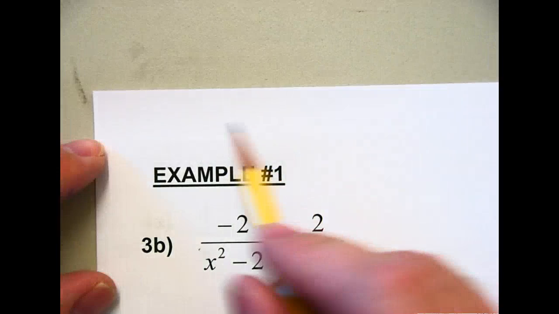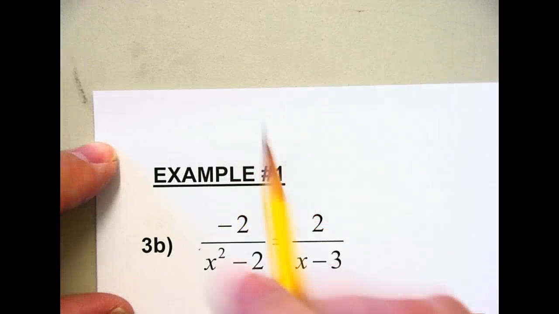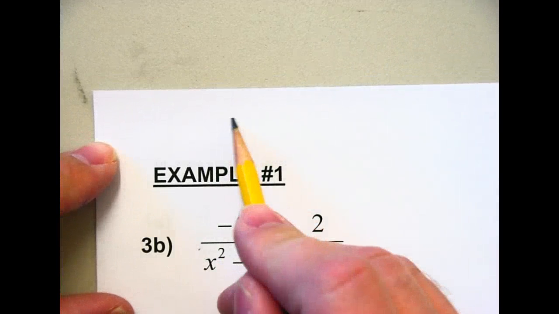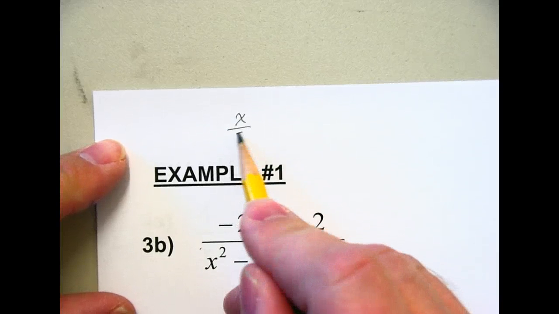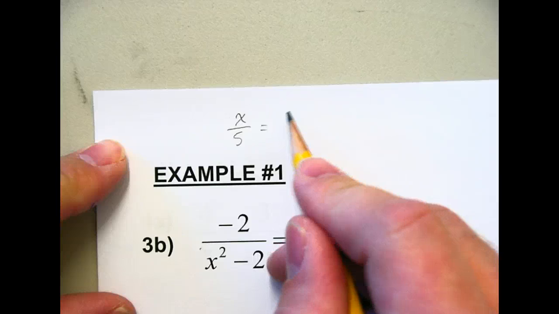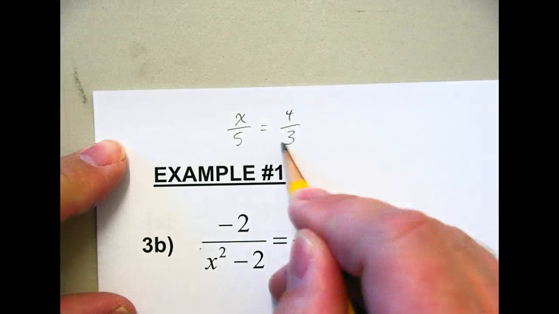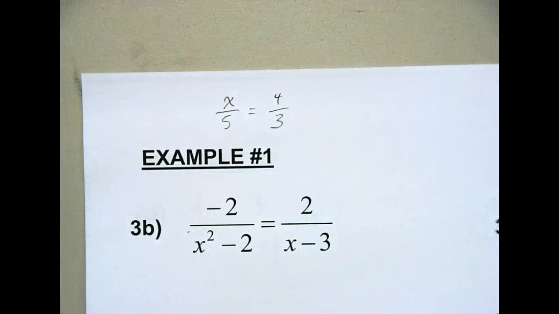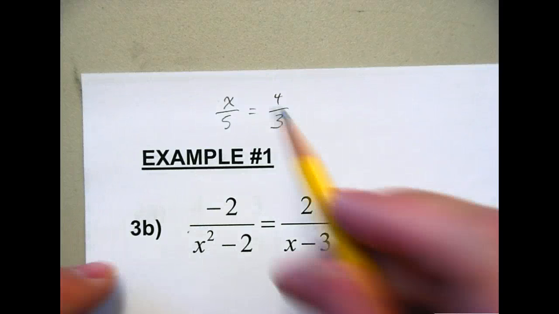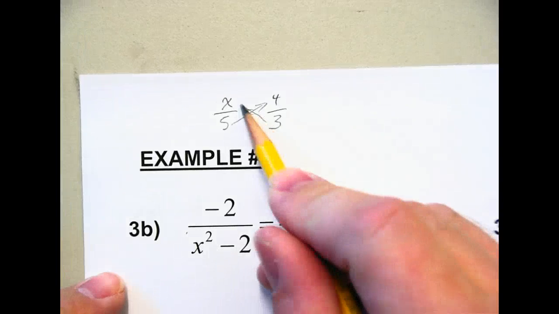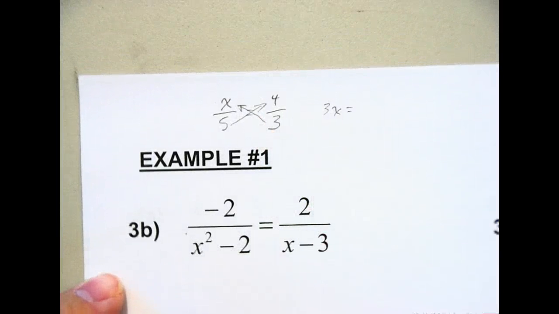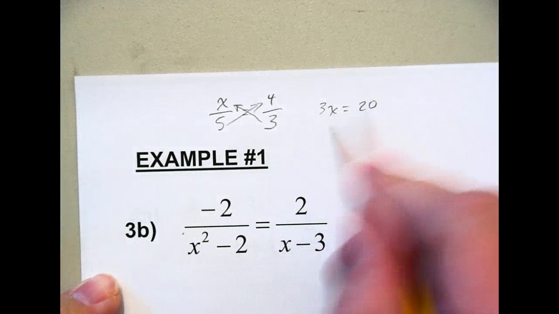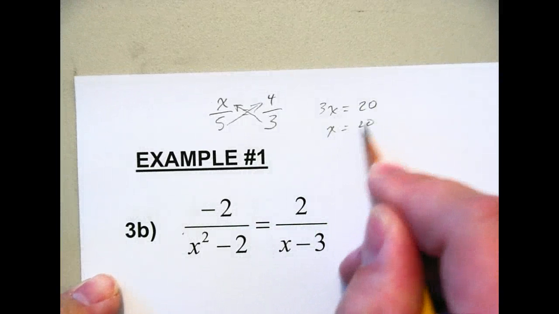If I said I had x over 5 equals 4 over 3, how would you solve that? Cross multiply and divide. Okay, so we get 3x equals 20, and we divide by 3, so x equals 20/3.